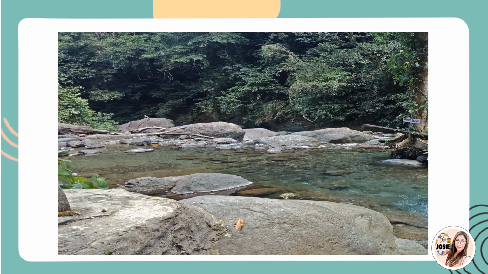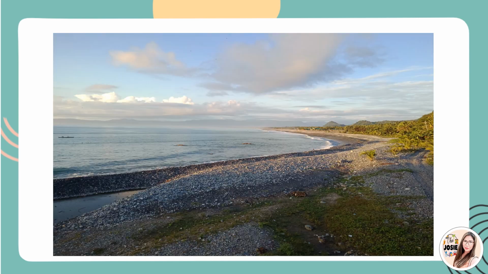What about in this second picture? Very good. It is a stream. What about in this third picture? You're right. It is a sea.